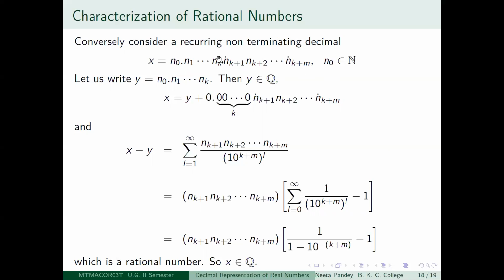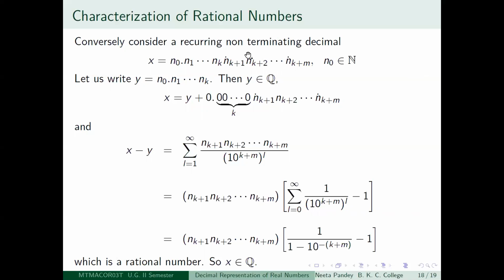To denote that, I have put a dot on top of nk plus 1 and a dot over nk plus m. So this means that you will have n0 point n1 etc. nk, nk plus 1, nk plus 2, etc. nk plus m, then nk plus 1, nk plus 2, etc. nk plus m, then again nk plus 1, nk plus 2, etc. nk plus m, and so on.